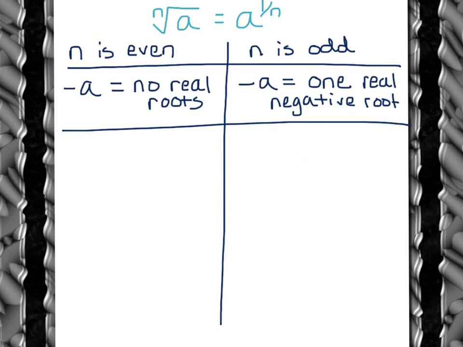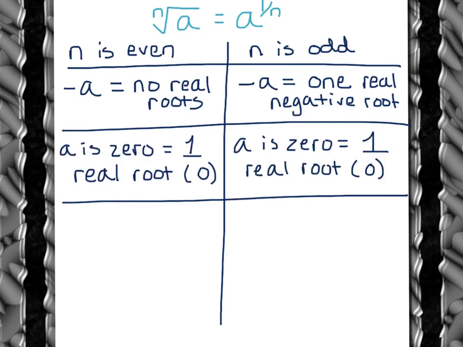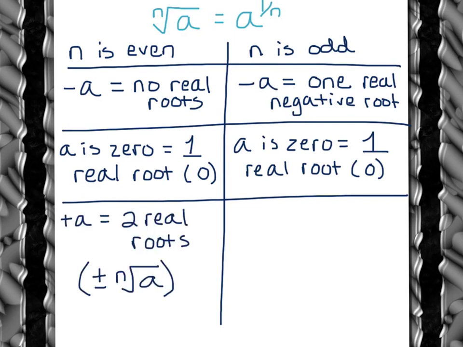Alright, if a is 0, it doesn't matter if I take the even root or the odd root of 0, I'm only going to have 1 answer. The cube root of 0 is 0, the square root of 0 is 0, the 280,000th root of 0 is still 0. And if a is a positive number, when I take the square root or any even root of a positive number, I can actually get 2 answers.